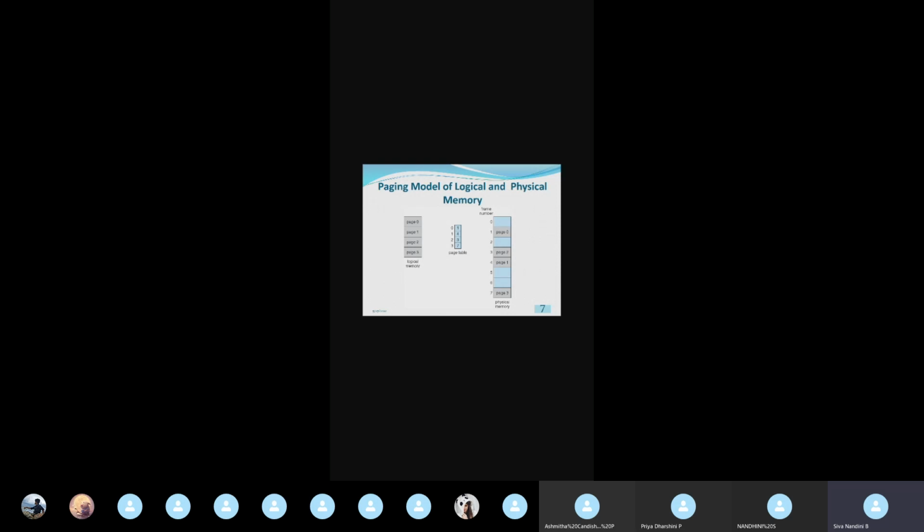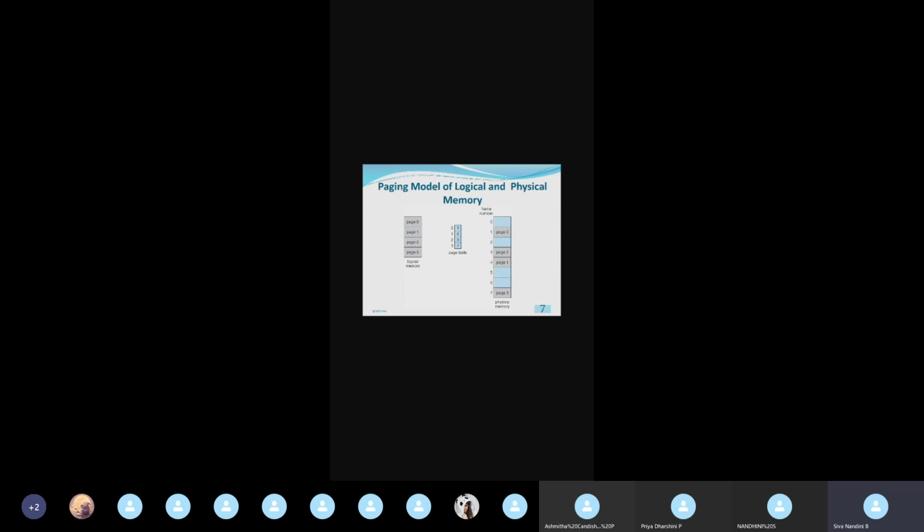See, the numbers outside this page table are 0, 1, 2, 3. This particular process has 4 pages, so the page table will also have 4 indexes: 0, 1, 2, 3. This page table says where page 0 is available in the physical memory.